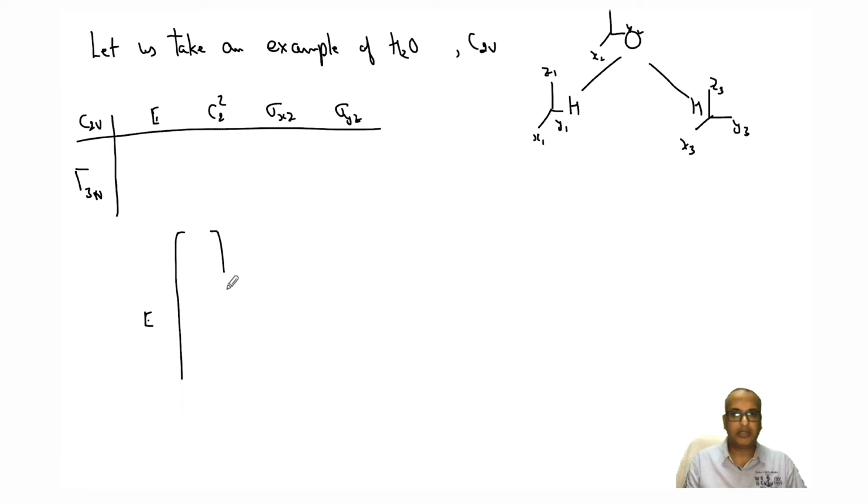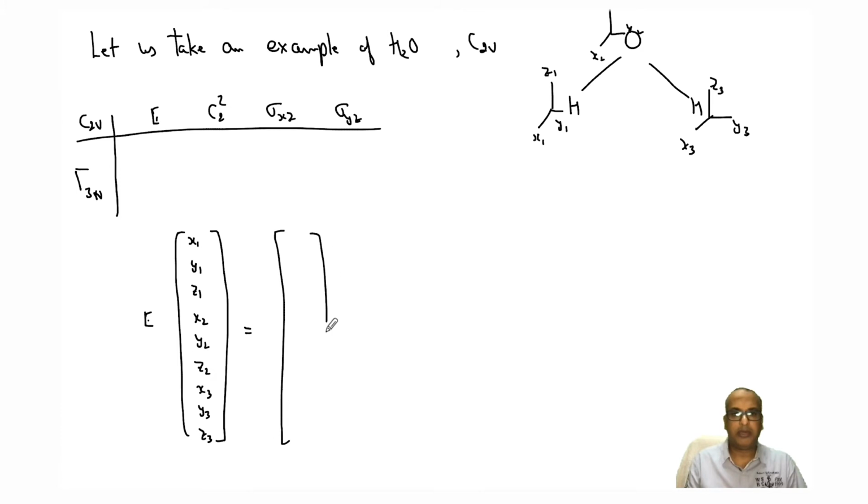The matrix for these vectors will be written like this: X1, Y1, Z1, X2, Y2, Z2, X3, Y3, Z3. Okay. Now all of it will remain unchanged, right?